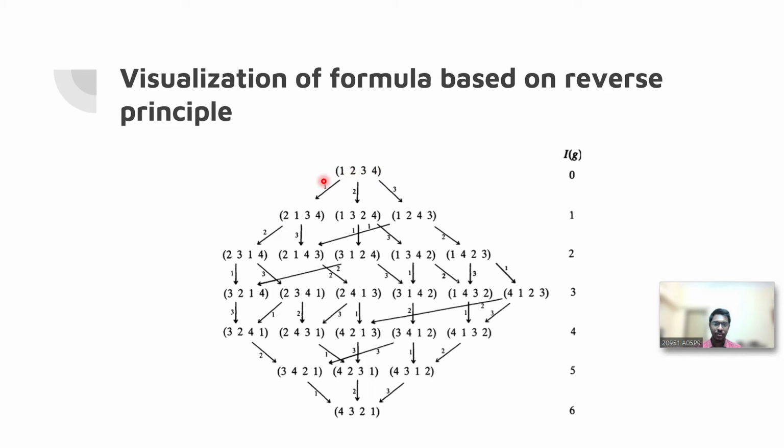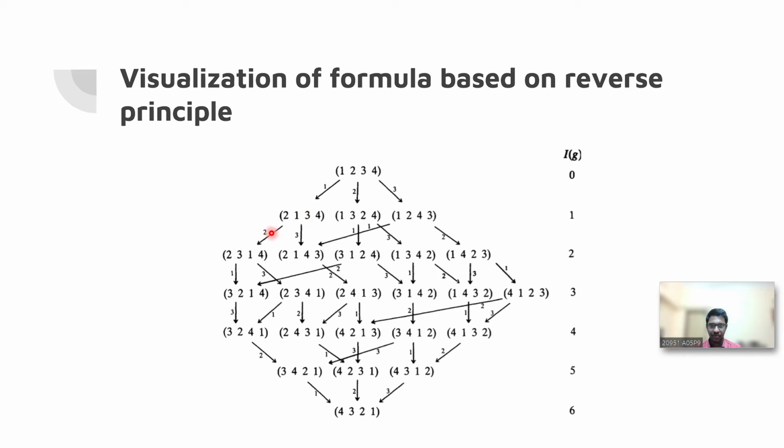Let's call the first one the root, and these all nodes. So only these places will get exchanged so that it won't be similar to the root node.